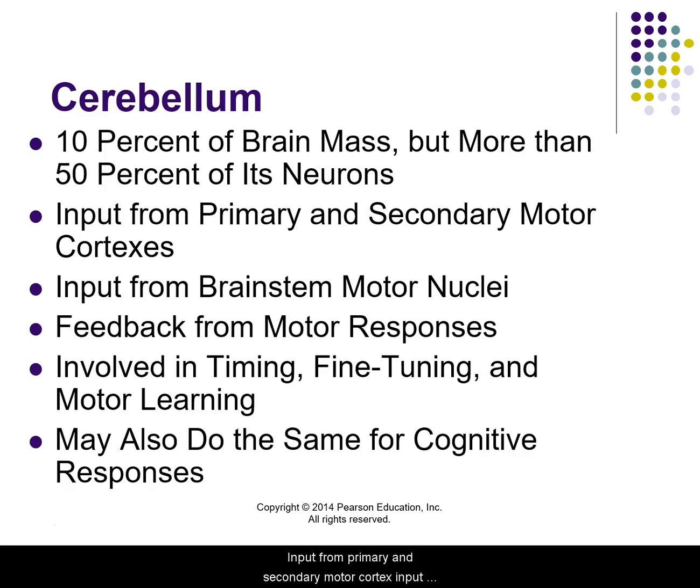Input from primary and secondary motor cortex, input from the brainstem, feedback from motor responses. It's involved in timing, fine-tuning, and motor learning. It may also do the same for cognitive responses. All right, but you see a lot of those things are may do this, involved in this, because it's not really understood very much.